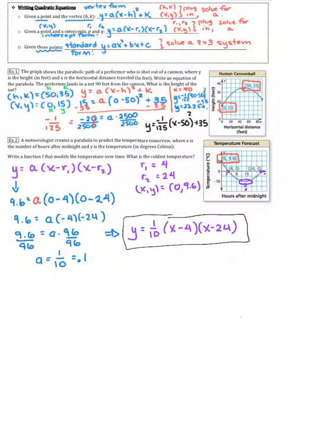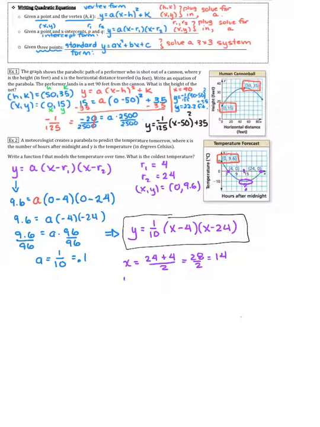Remember, the vertex happens halfway between those two roots. So the first thing we're going to do is find the x-coordinate of that vertex. To do that, we take the two roots, add them together, and divide by 2. So 28 divided by 2 is 14. That's the x-coordinate when that happens.